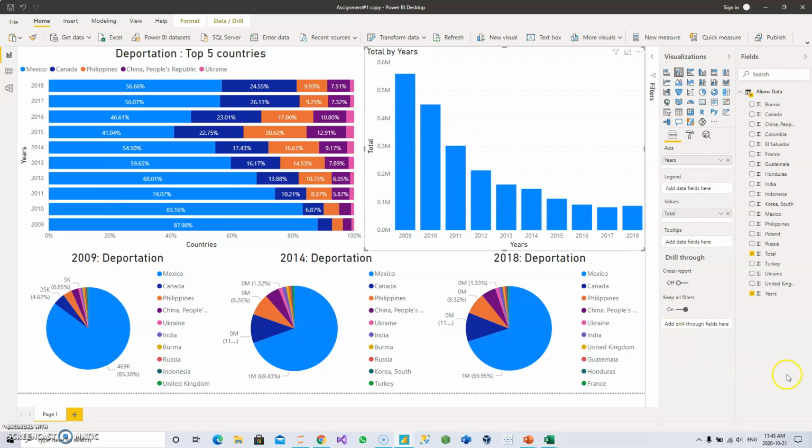So here we can see we come up with this particular graph of a stacked column chart.